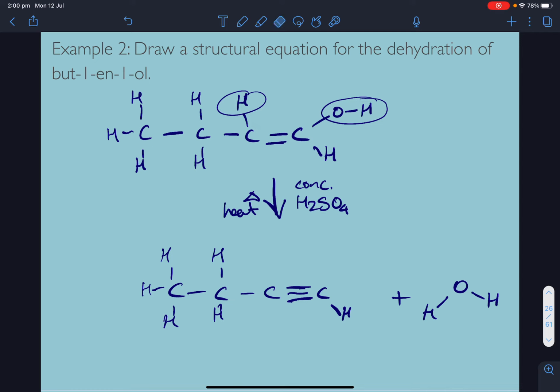So what have I got? Meth, eth, prop, but. I need to put the 1 in there, because it could be but-2-ene, couldn't it? So but-1-ene, and water.